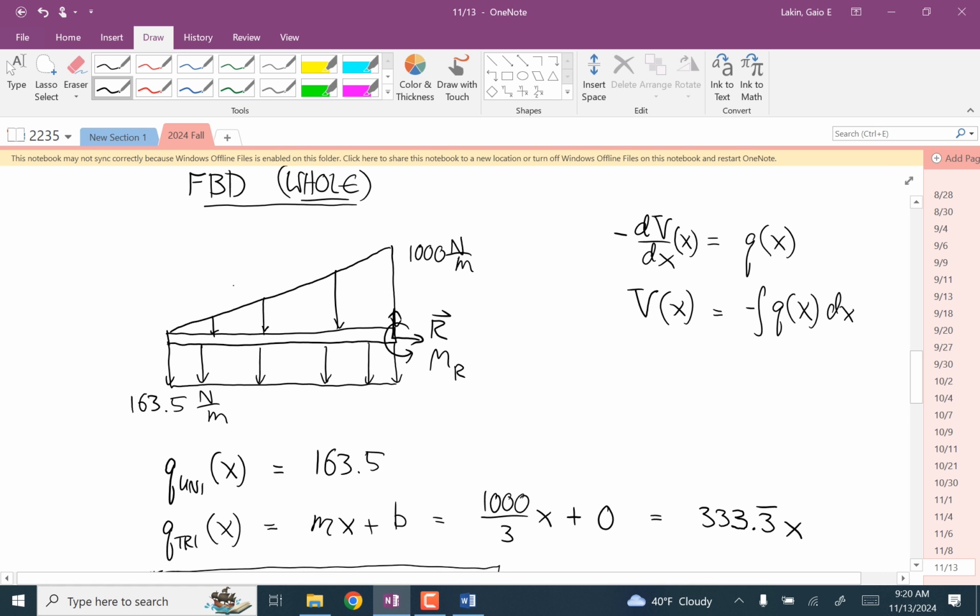The 163.5x comes when you re-express this Q, this distributed load, as an equivalent point force.